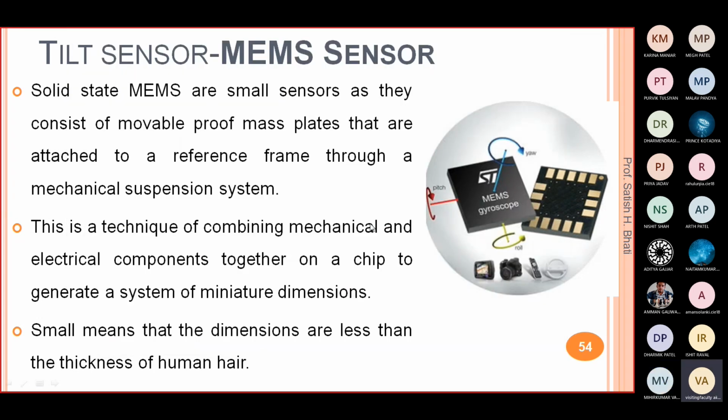In this type of sensor, we can say it is a technique combining mechanical as well as electrical components. They are combined together, and we make a chip, and this chip generates a system of miniature dimension. Miniature means very small dimension.